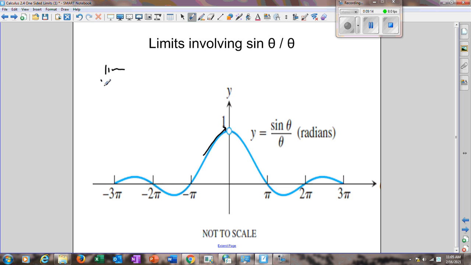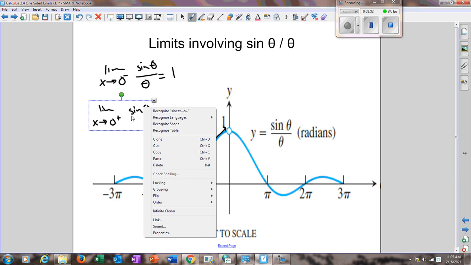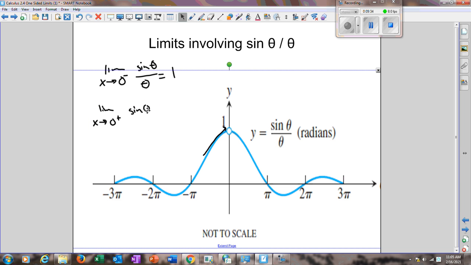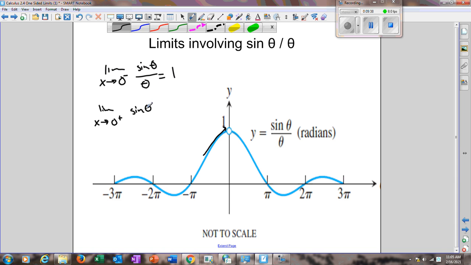So the limit as x approaches 0 from the left of sine theta over theta equals 1. The limit as x approaches 0 from the right of sine theta over theta is just 1.